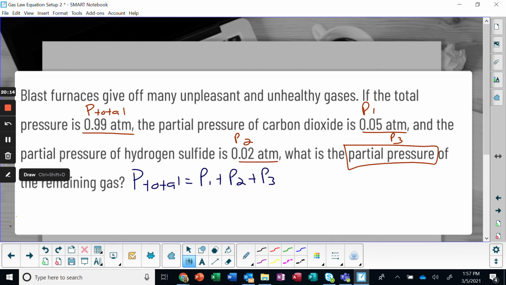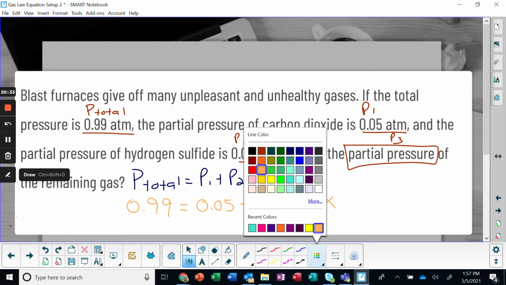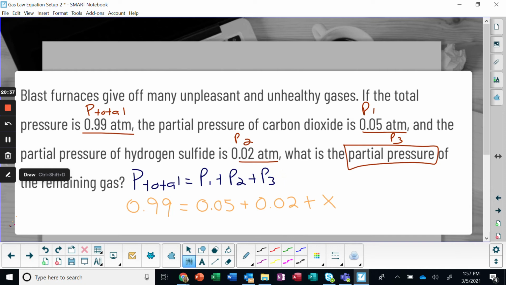Okay, so P total is 0.99 equals P1 plus P2 plus P3, which is X. Go ahead and simplify your equation.